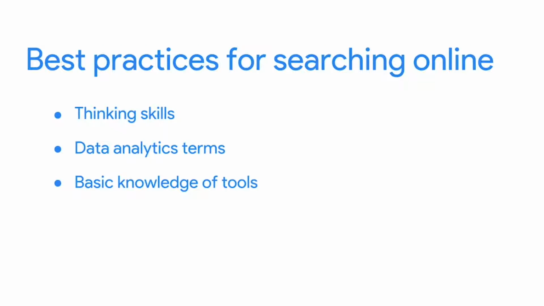Using the thinking skills we've learned throughout this program, the right terms, and your understanding of different analysis tools will get you ready for the next steps of this process, actually searching for answers online. There's a lot of resources like program support websites and forums where other data analysts are asking and answering questions.